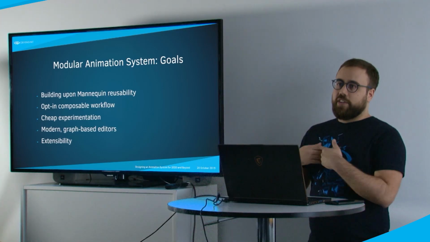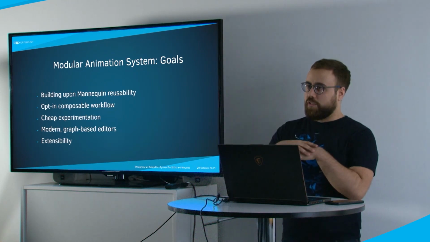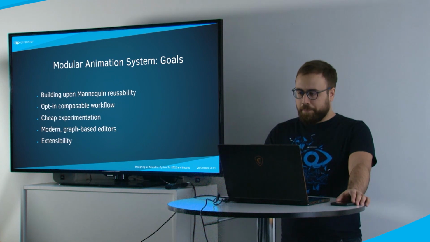Obviously, it's not that it's going to always be easy, and late in the development cycle, things tend to crystallize, but we just want to flatten the curve as much as we can. As a fourth point, we want to try to use modern graph-based editors because that's what everybody's going with, and it seems that they have some serious advantages in presenting complex information to non-programmers. And as a fifth point, we want to provide specific directed avenues for extending the system.